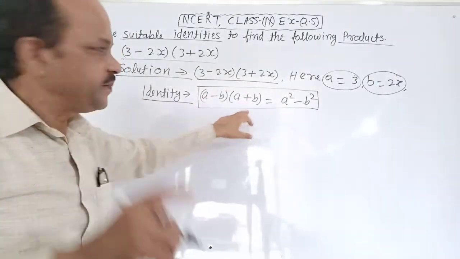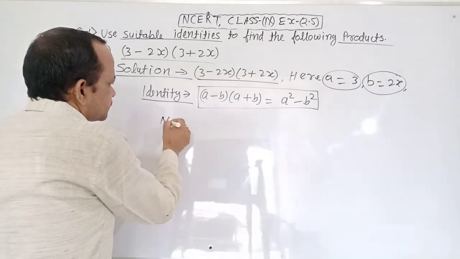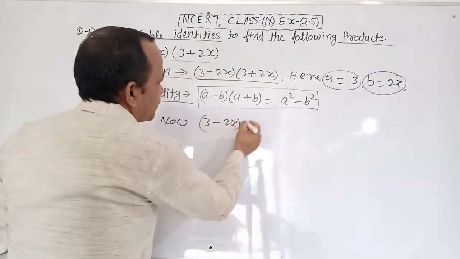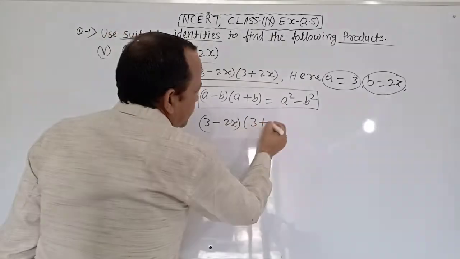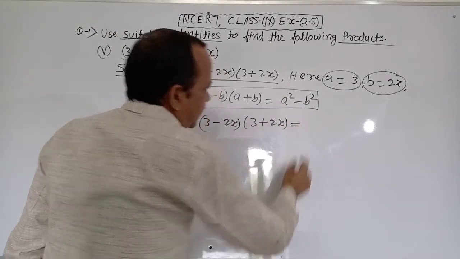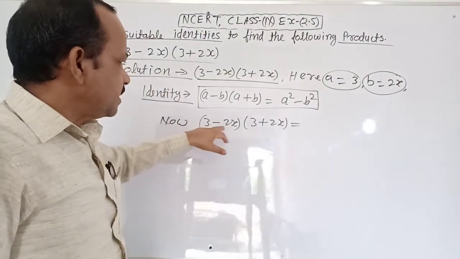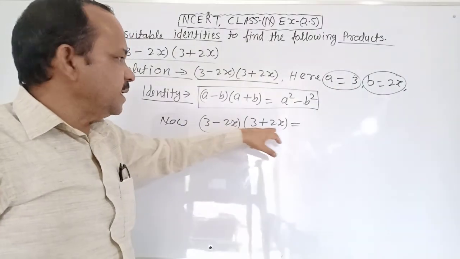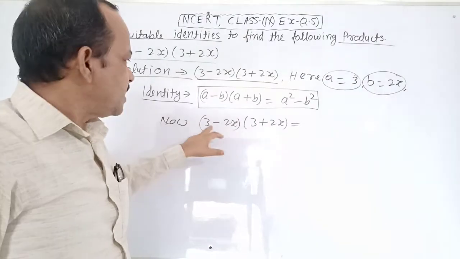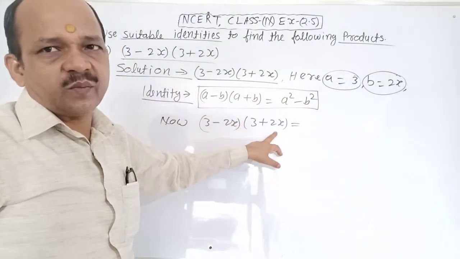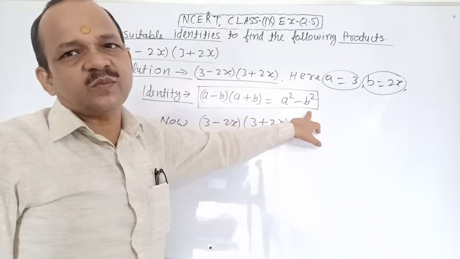It is clear? Now (3 minus 2x)(3 plus 2x) equals, here it is a, it is b, it is a, it is b. Clear? (a minus b)(a plus b) equals a square minus b square.